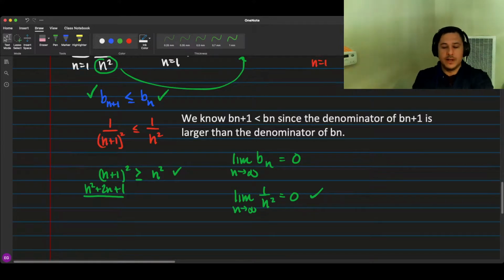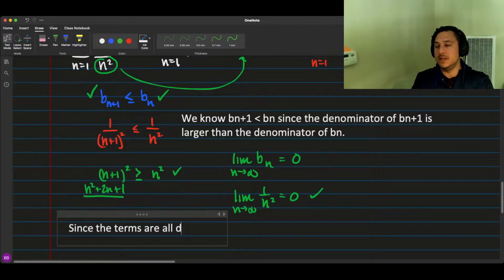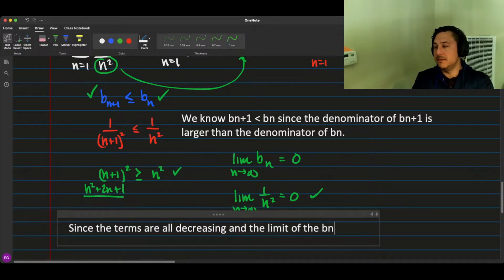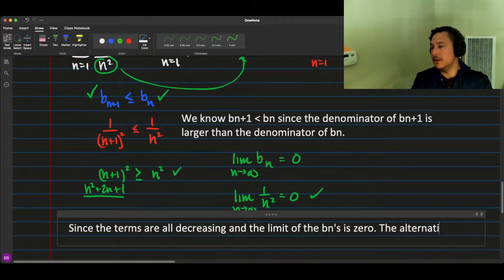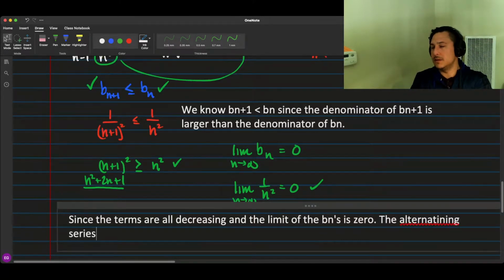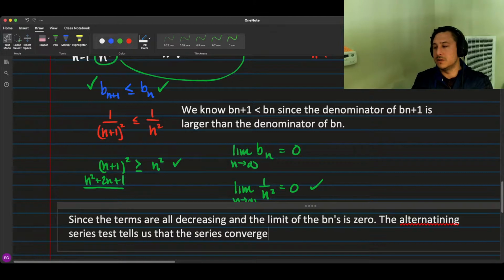So what can we conclude now? Since the terms are all decreasing and the limit of the bn's is 0, the alternating series test tells us that the series converges. Boom.